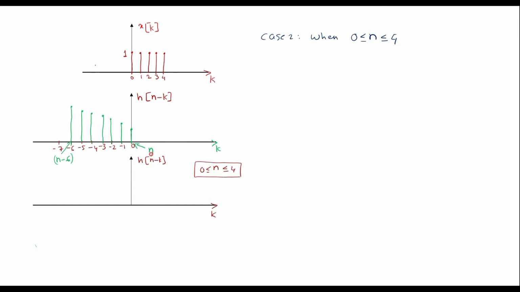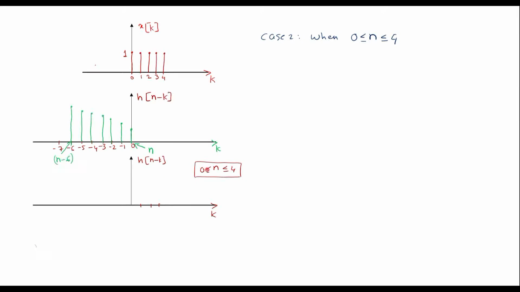If we consider n equal to 1, then this head end will shift towards the right by one position, that is, this head end, that is n, will appear here. When n is equal to 2, it will become h of 2 minus k. Then this head end will shift to n equal to 2. When n is equal to 3, this head end n will shift to 3 and so on.